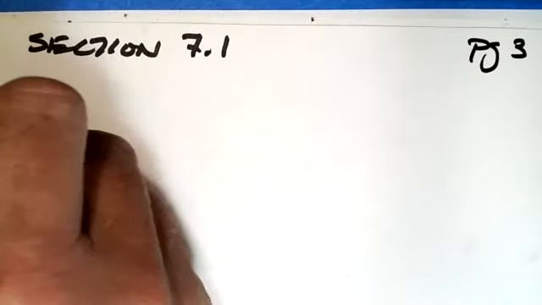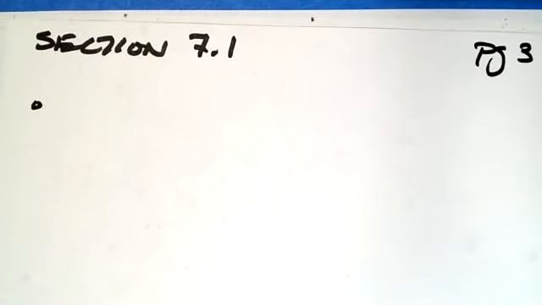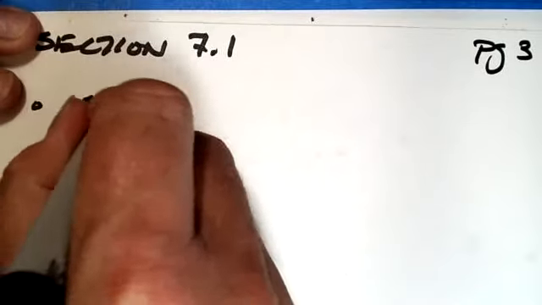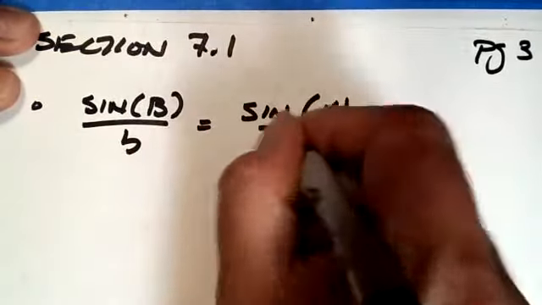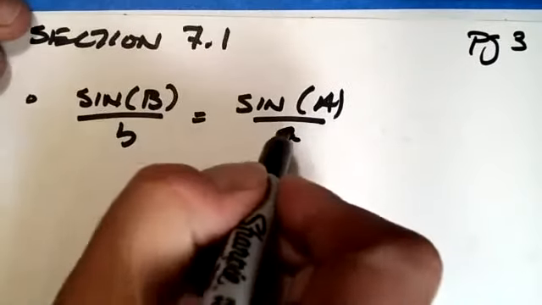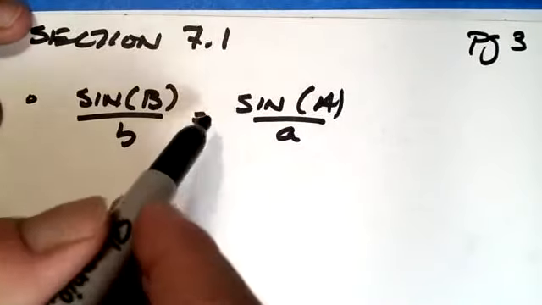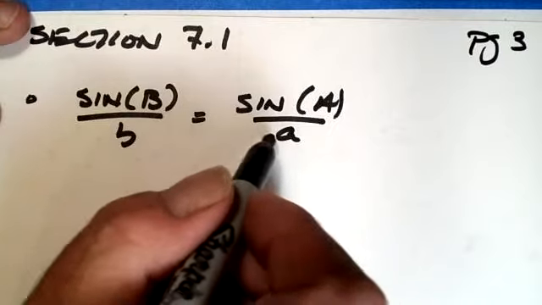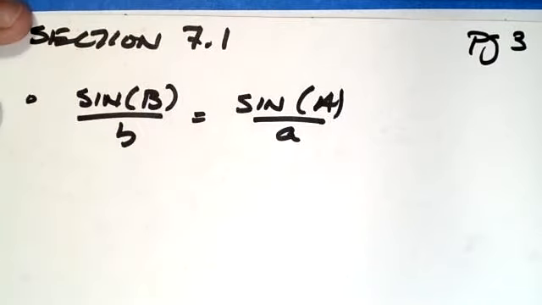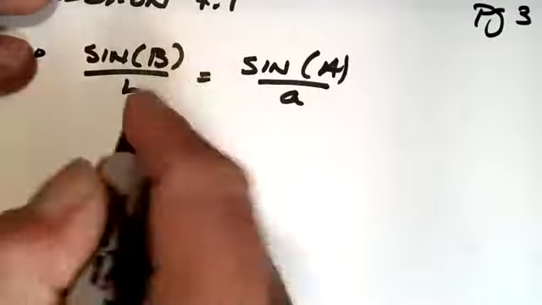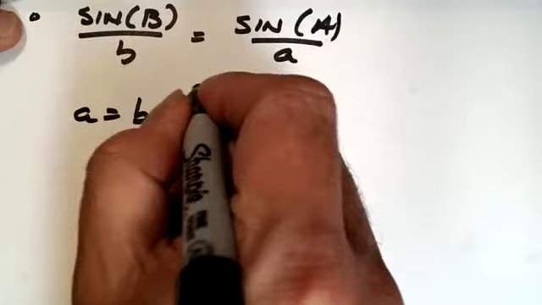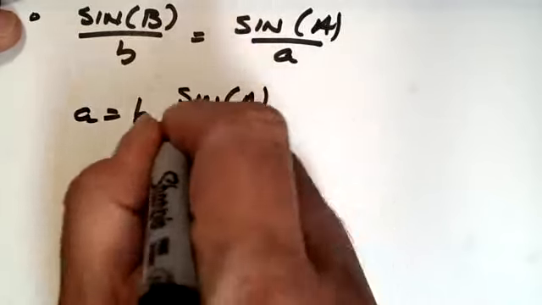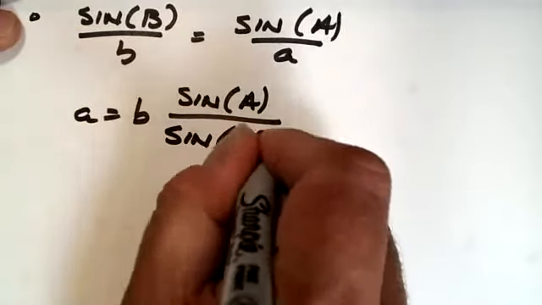Okay, so second one, remember we're going to now find side A. The governing equation here is sine of B over B equals sine of A over A. To solve for A, I'm going to multiply both sides by A, multiply both sides by B, and divide both sides by sine of B. You're going to end up with a little bit of algebra here. I expect you could probably do that. A is equal to B times the ratio sine of A over sine of B.